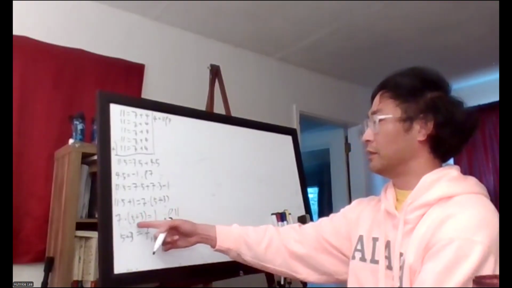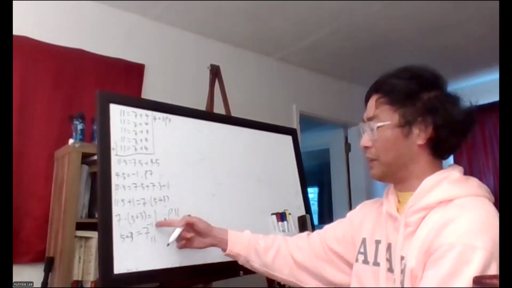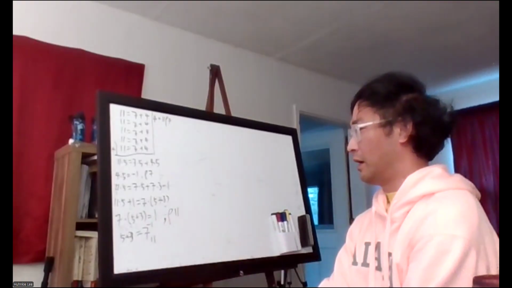Because 7 times something is equal to 1, mod 11. That's why it's 7's inverse, mod 11.